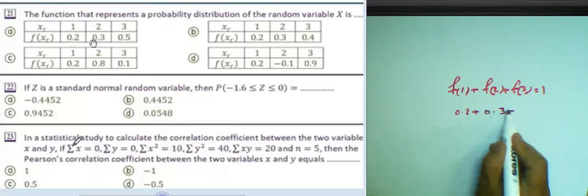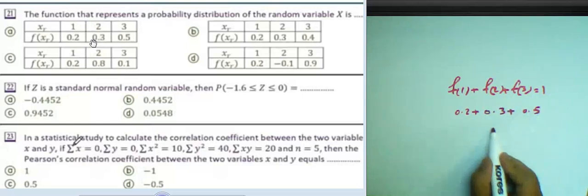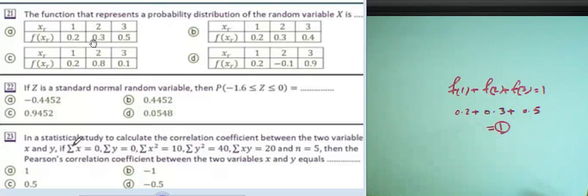Look at letter A: the images of x are 0.2, 0.3, and 0.5, and the result equals 1. So we must choose letter A. But for letter B and letter C, the result is not equal to 1. In letter D, the probabilities sum to 1, but we have a negative value here. The image must not be negative, so we must choose letter A.